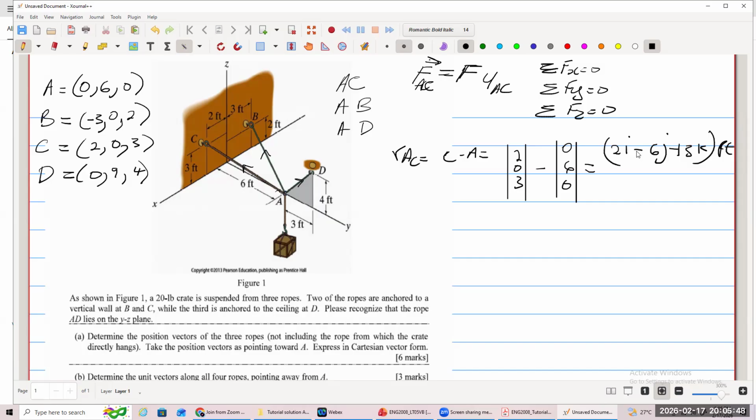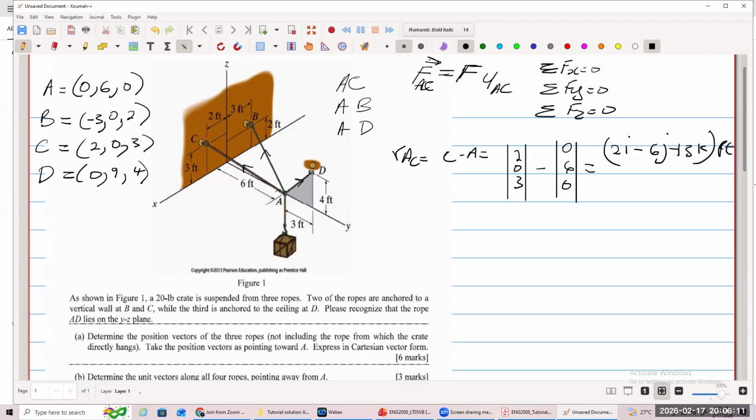Oh, okay. Well, I am finding AC. I'm just finding what the question says. It says determine the position vector of the 3 ropes, taking the vector pointing towards A. So they really want the opposite, eh? I kind of jumped the gun.